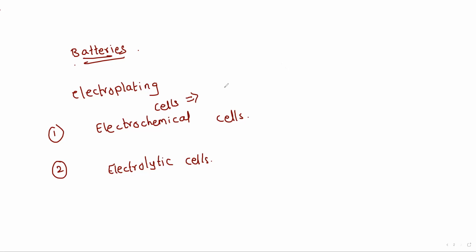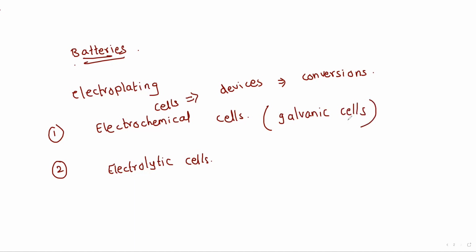And there are these two types of cells, electrochemical cell and electrolytic cell. The electrochemical cell is also called a galvanic cell, or another name for it, a voltaic cell. In different contexts, you will find different words for the electrochemical cell, galvanic cell or voltaic cell.